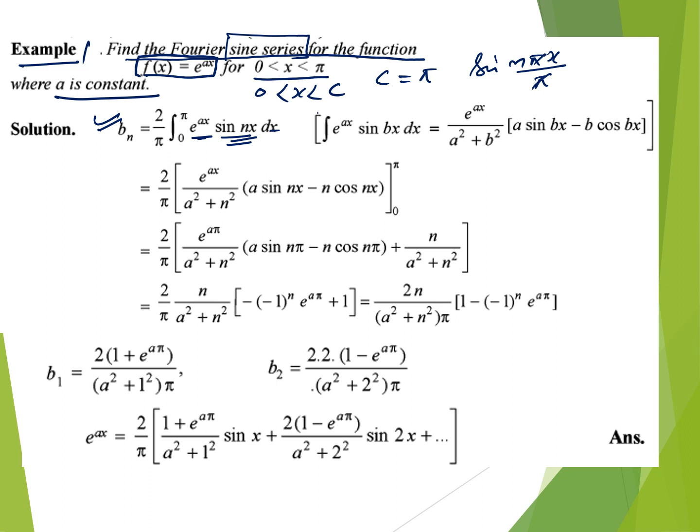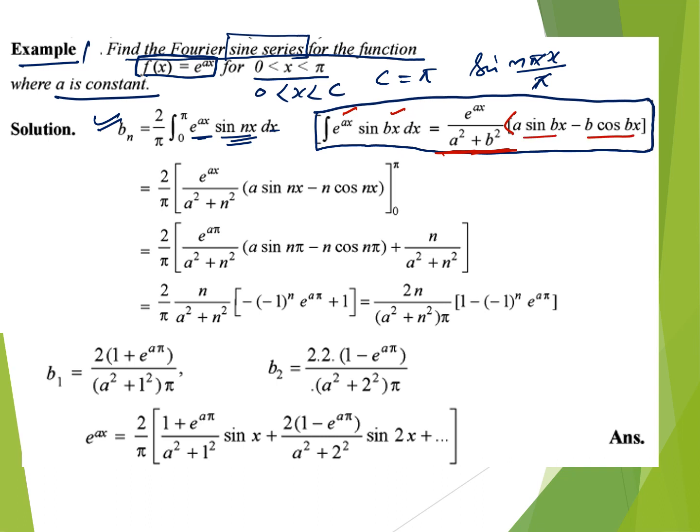By using the formula of integration, the integration of e to the power ax into sin bx is equal to e to the power ax upon a square plus b square, where this is the a and in this place we get the b, into (a sin bx minus b cos bx).